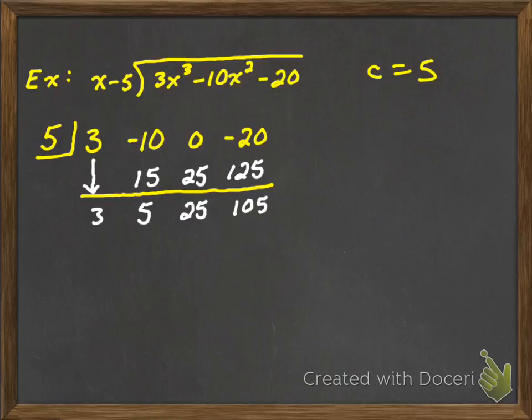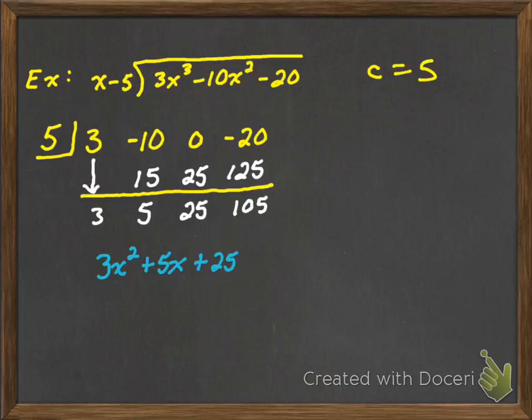Now, since our original problem starts out with x to the third power, our answer will start out with x squared. And the 3 comes from this number right here. So it's 3x squared plus 5x plus 25.